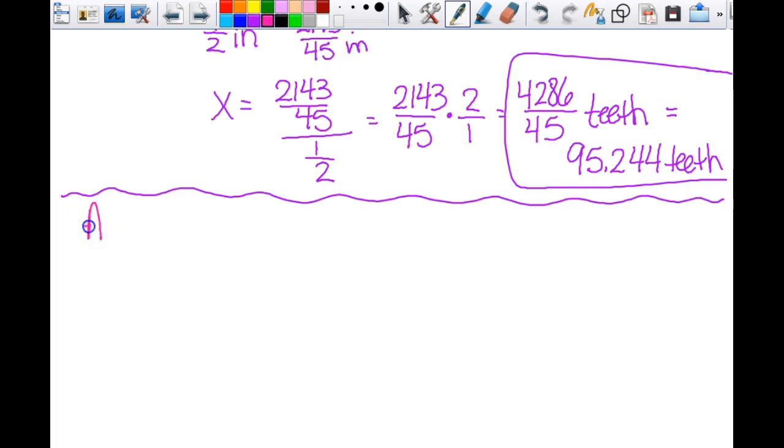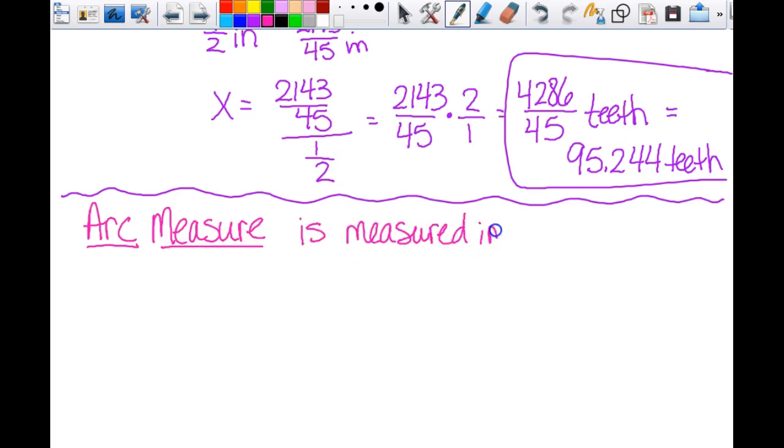I want you to write that arc measure is measured in degrees. Okay.